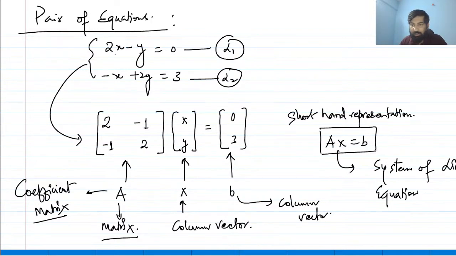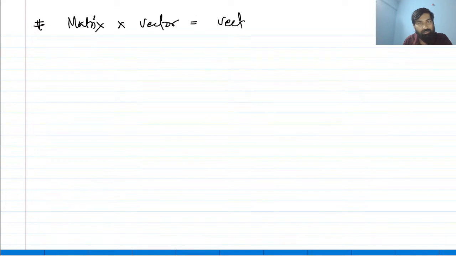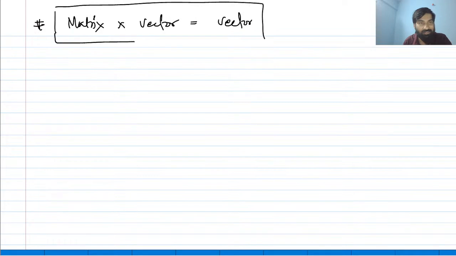Now you see here, guys, what we are doing is multiplying a matrix into a vector, and we are getting a vector. One of the coolest operations. Based on this concept, this year in electrical engineering one question was there.